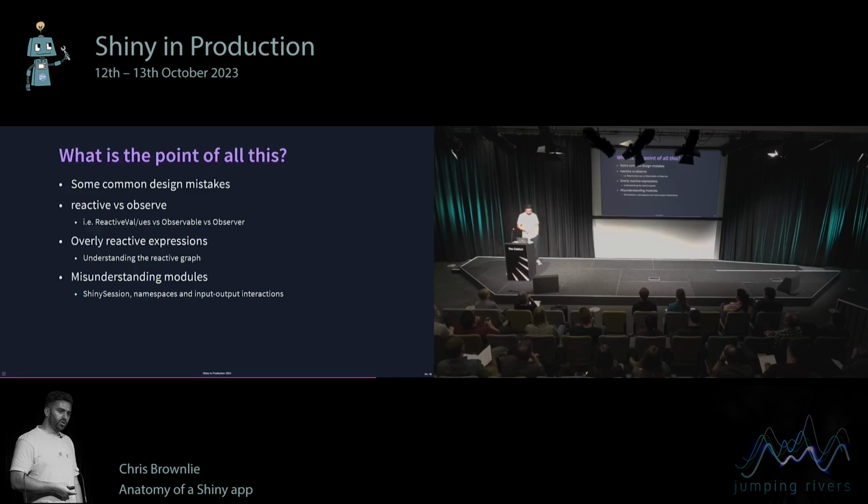There are some common design mistakes which I've seen, which I think understanding this can help with. The first one is reactive versus observe: knowing when to use reactive and when to use observe, which a lot of beginners really struggle with. Joe Cheng did a talk a few years ago on when to use each and the difference between them, spurred on because a lot of beginners struggle to understand what each one is doing.